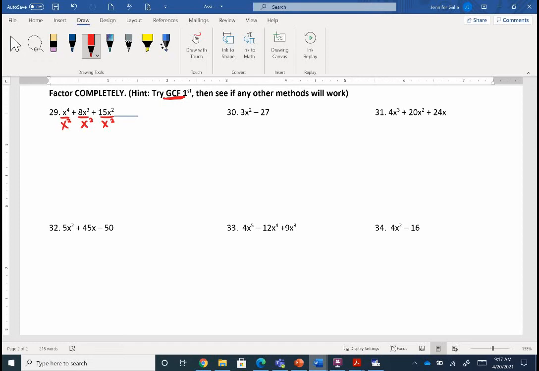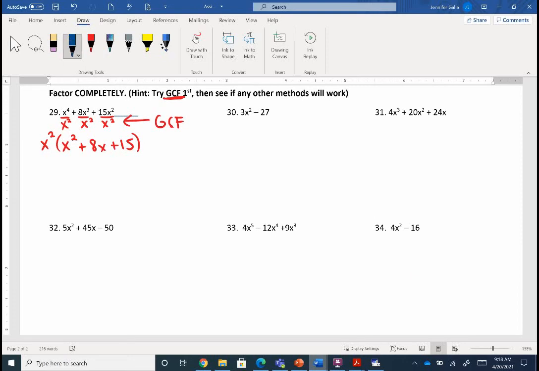So now I can divide out that x squared. I subtract exponents. Now, we had talked yesterday, I have to make sure that I put parentheses and my GCF out front. So right here, this technique we just did was GCF.